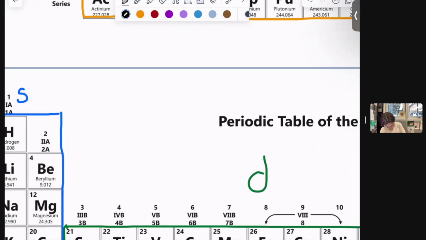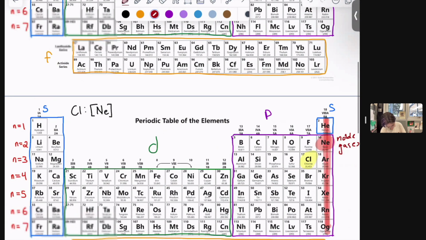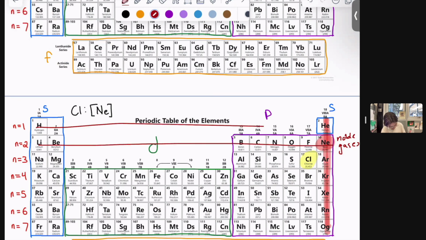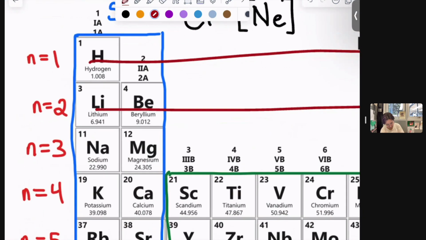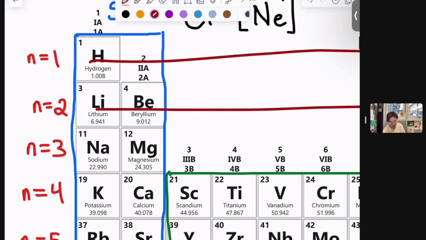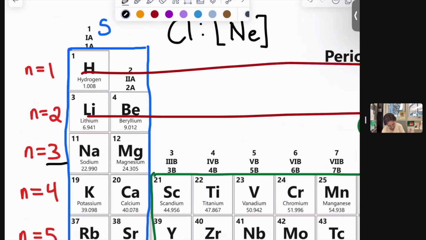So let's start that. Chlorine is going to be, up to neon. So up to this point, it's the same as neon. And then we just start at the beginning of the row. So starting at the row after neon, I have 3s.